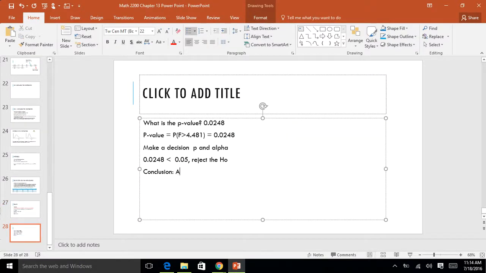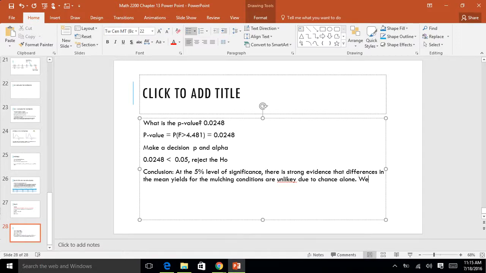So my conclusion is at the 5% level of significance, there is strong evidence that the differences in the means, the mean yields for this, because we're talking about yields, for the mulching conditions are unlikely due to chance alone.